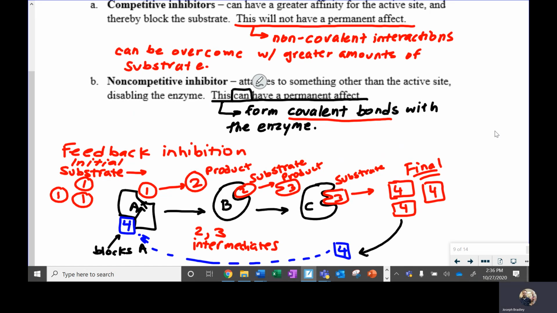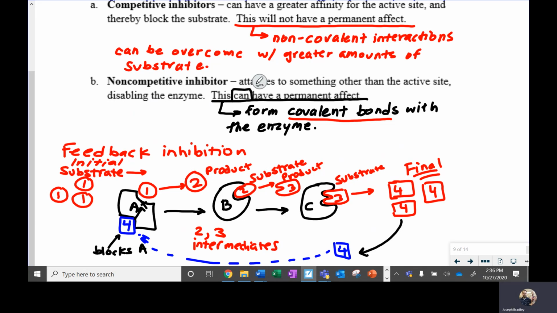Another way I talked about feedback inhibition is where an intermediate product could be used to, or I guess the final product can actually block A. So if A is an enzyme here, and I produce a substrate, 1 is my initial substrate, 2 is the intermediate.